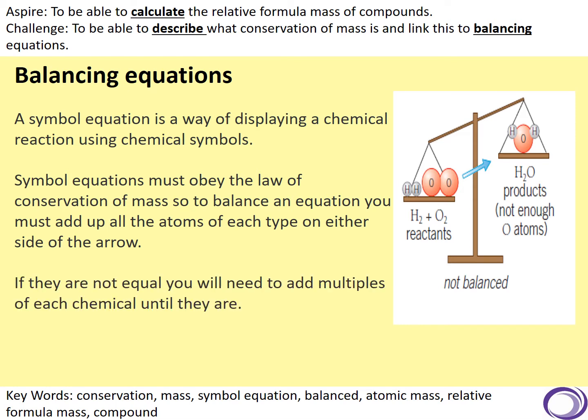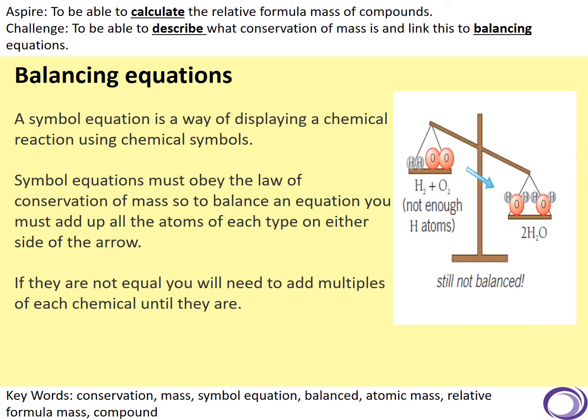All right, so all we can do is add multiples of whole molecules. We can't add odd atoms because that would change what the chemical actually was. So if we make it up to having 2 oxygen atoms, we'd have to do that by adding a whole extra water molecule. But again, that's still not balanced.